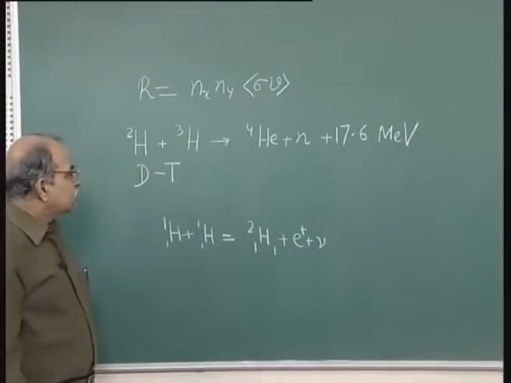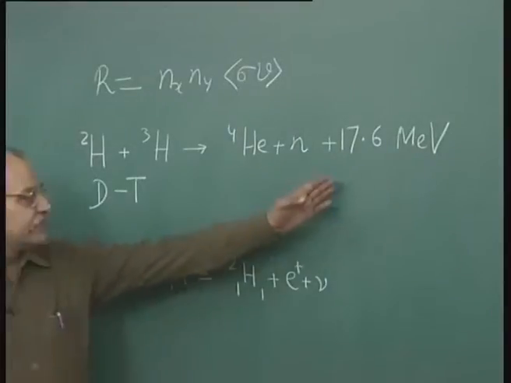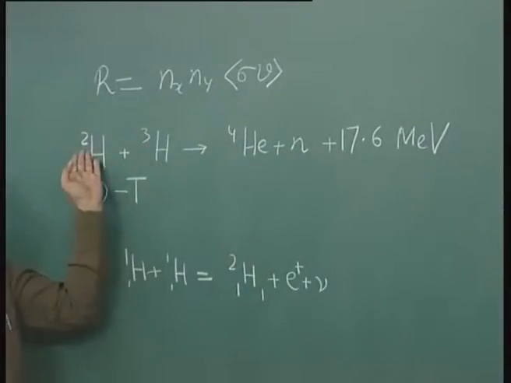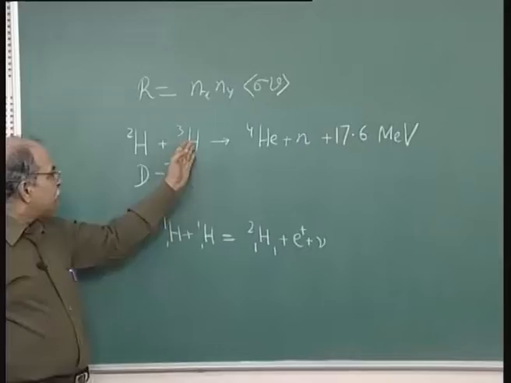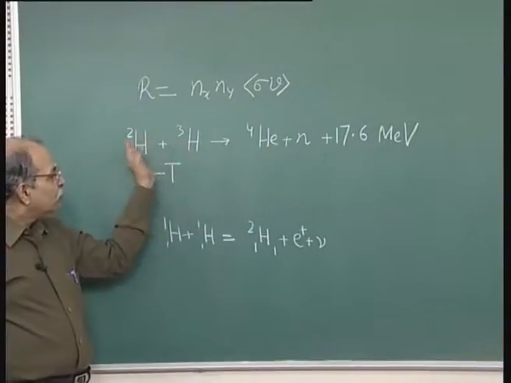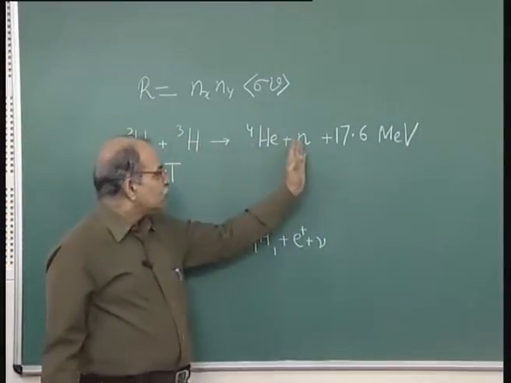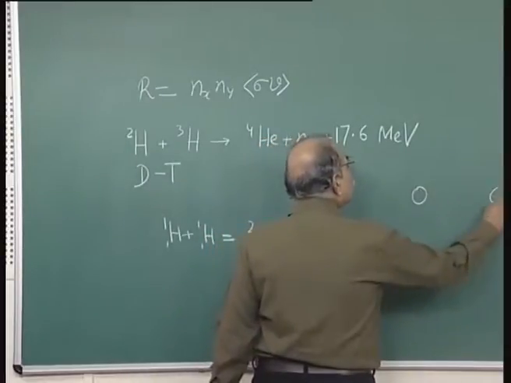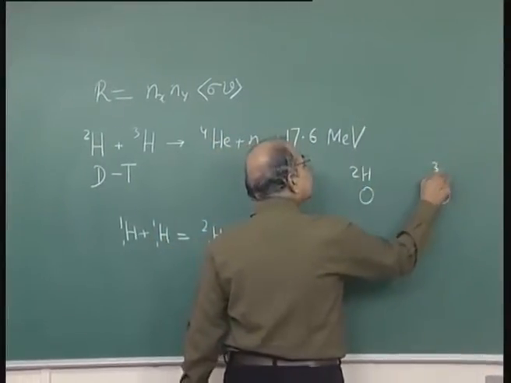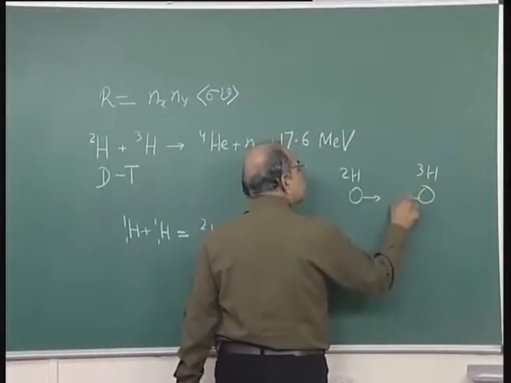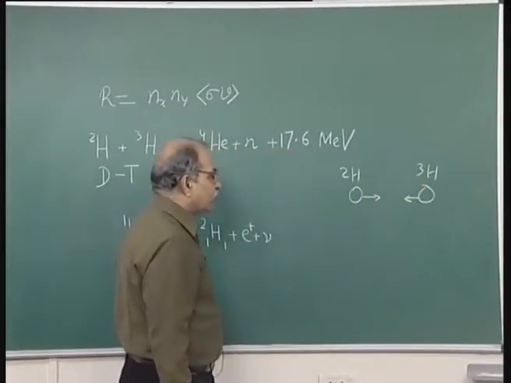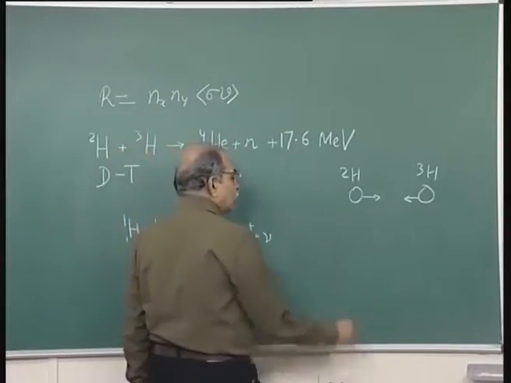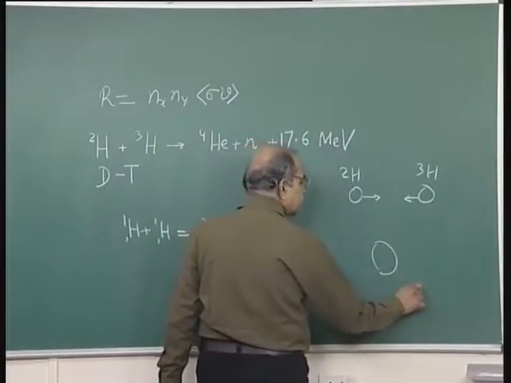And this 17.6 MeV of energy is shared by these two in the center of mass frame. If we look at these constituent particles in the center of mass frame, total momentum is 0. So, here also the total momentum should be 0, and therefore, if 2H and 3H come towards each other in the center of mass frame and finally make helium and neutron, this helium and neutron must go in opposite directions.